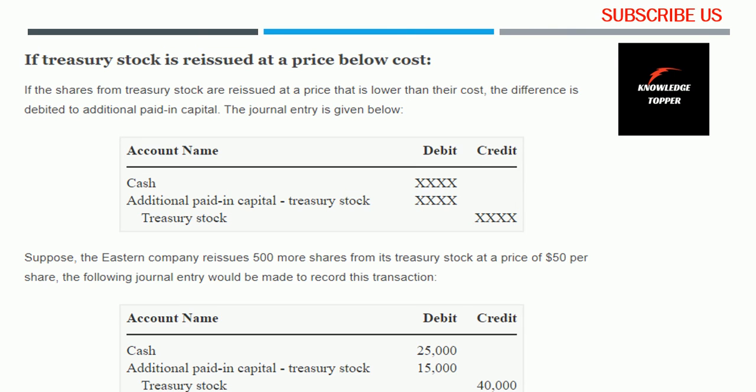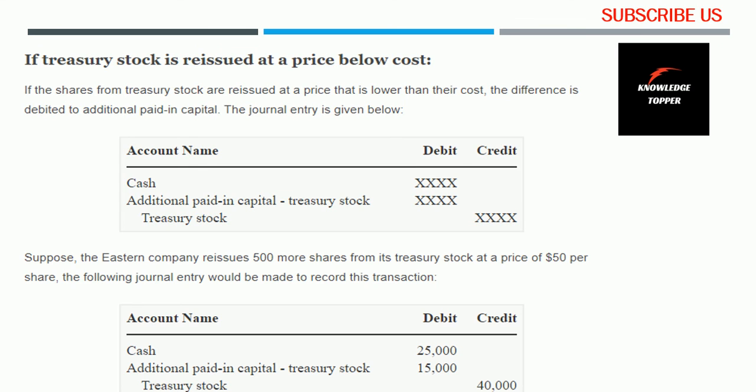Now take an example to understand this further. Suppose Eastern Company reissues 500 more shares from its treasury stock at a price of $50 per share. The following journal entry would be made to record this transaction. Cash is debited with 25,000 and additional paid in capital treasury stock is debited with 15,000, and treasury stock totals 40,000 as part of the credit. 500 shares multiplied by $50 gives us 25,000, which is debited as cash.